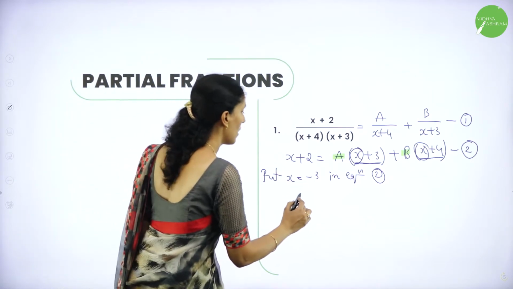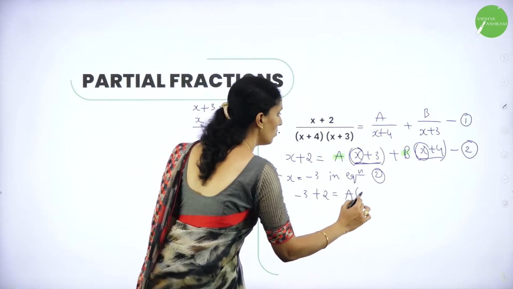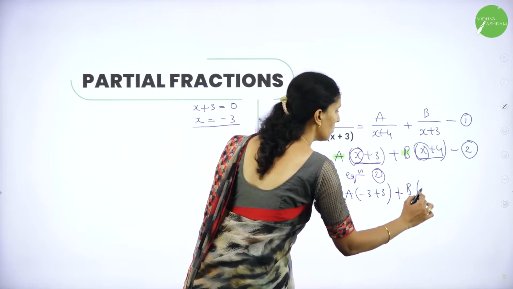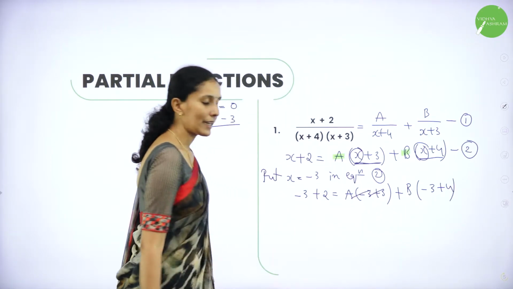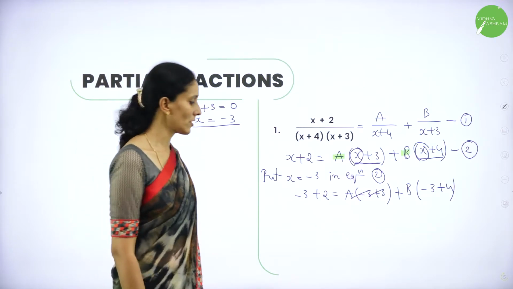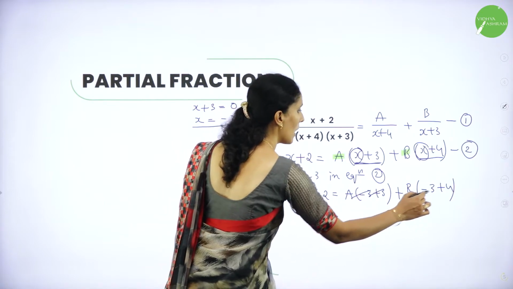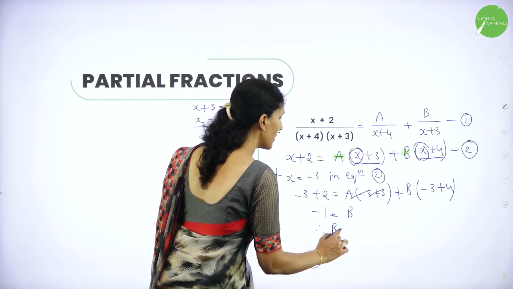What happens? Minus 3 plus 2 is equal to A into (minus 3 plus 3) plus B into (minus 3 plus 4). Minus 3 plus 3 gets cancelled, A becomes 0. Here I'll get minus 1, and here I'll get 1B, which is B. So what is the value of B?